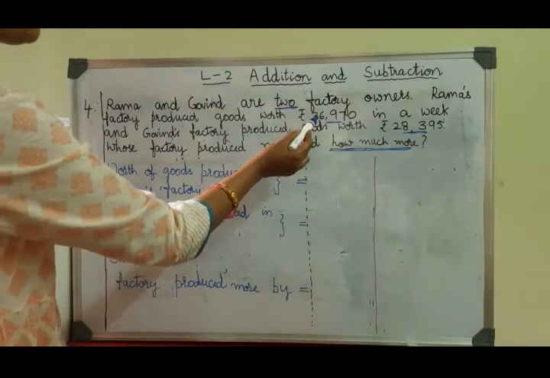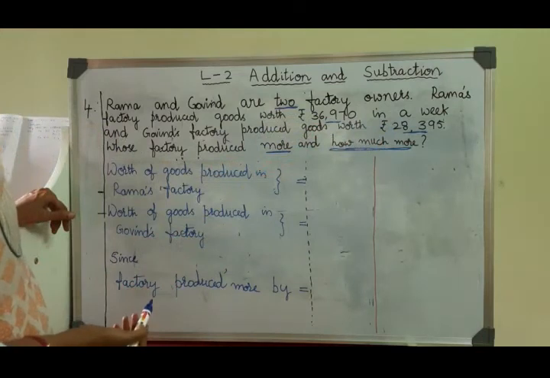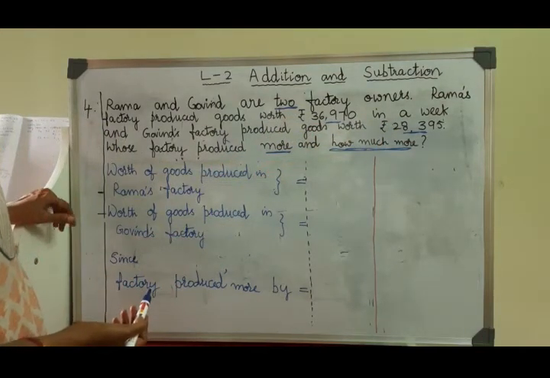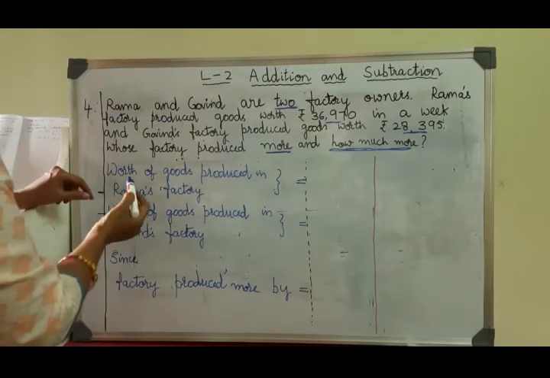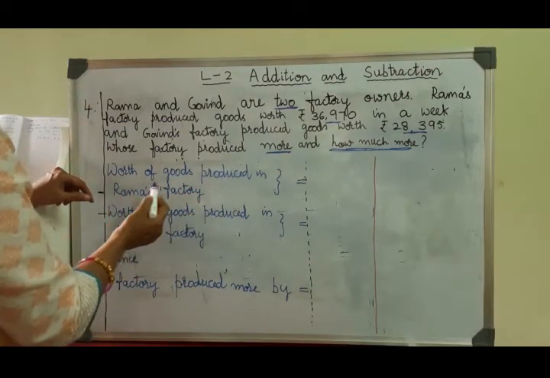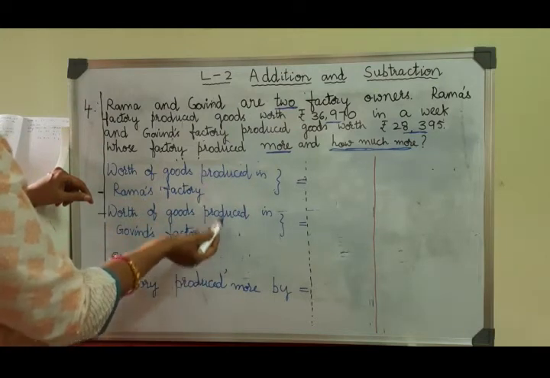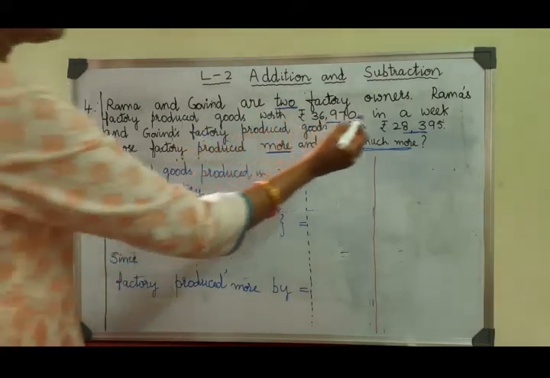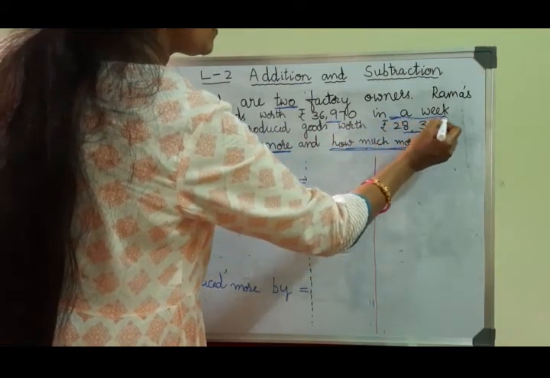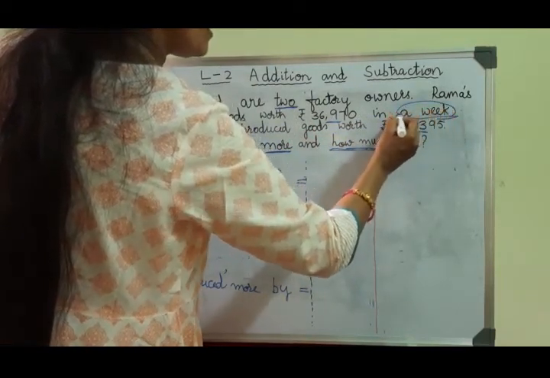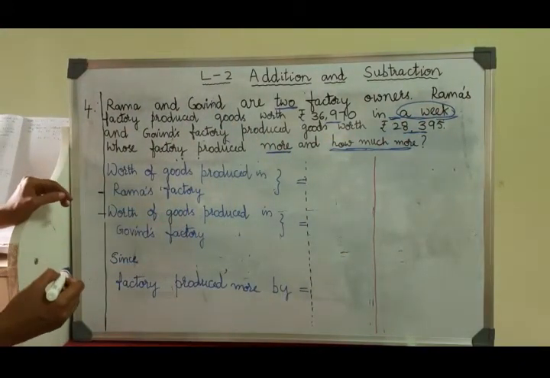Here, how to compare? We know how to compare the numbers now. But first, whatever they have given in the question, you have to write first. Worth of goods produced in Rama's factory in a week. I didn't write the week. Both the factories are producing at the same period of time, in 1 week.